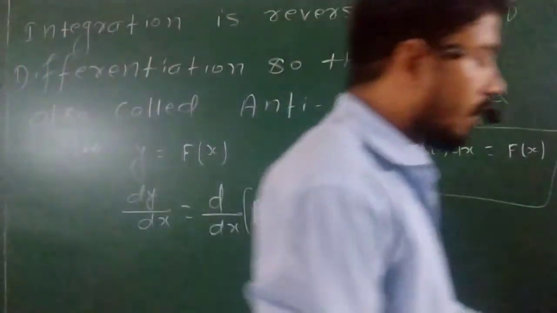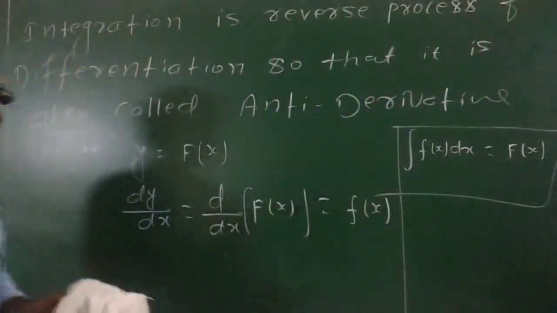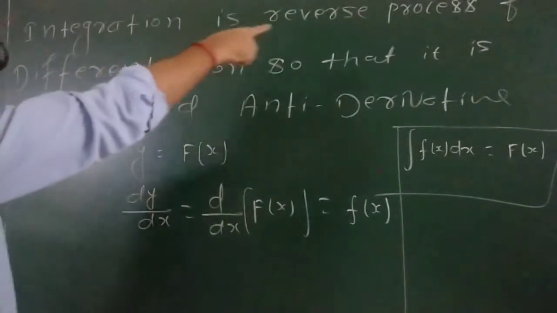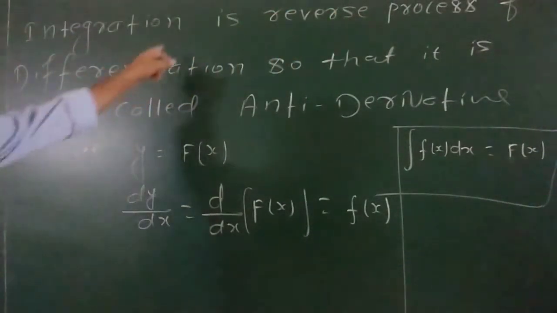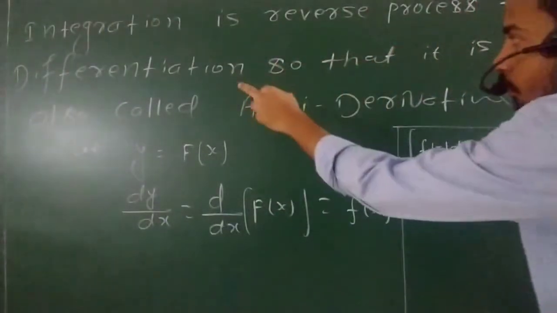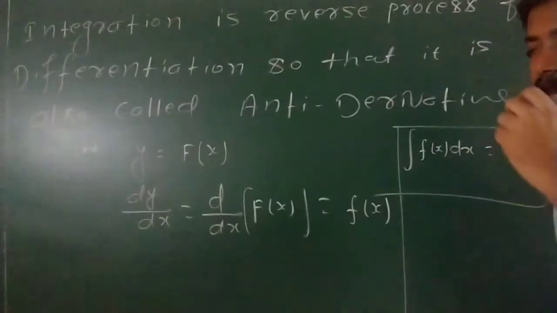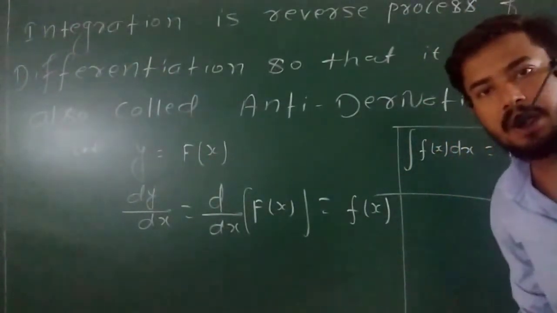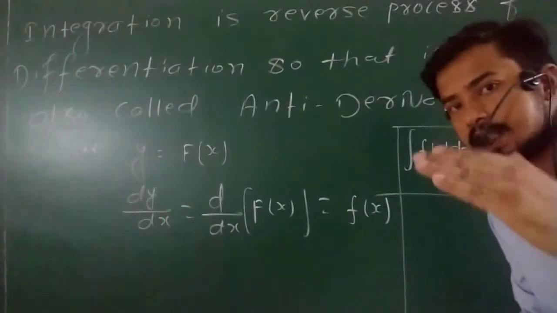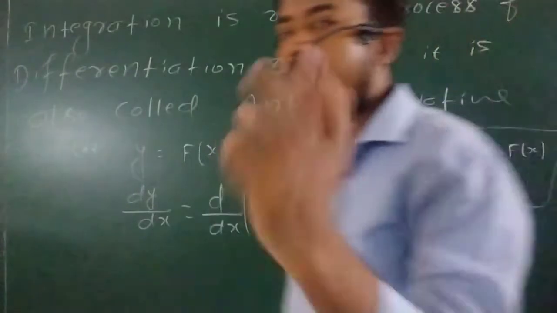See here the most important point. Read this statement: integration is the reverse process of differentiation. My dear, see here, integration is the reverse process of differentiation, so it is also called antiderivative. Now take one example.